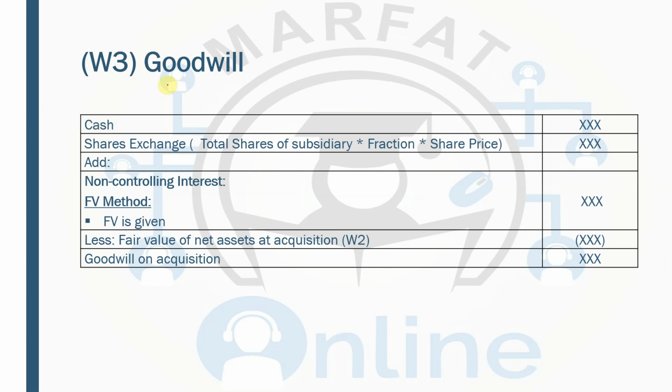Then there is the goodwill. So what is goodwill? We have already studied that goodwill is the consideration paid in excess of the subsidiary's net assets.